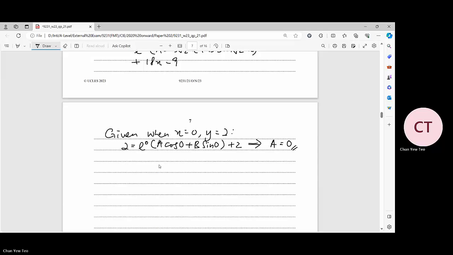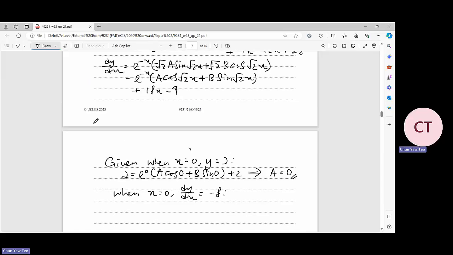Then also given when x equals 0, dy/dx equals negative 8. So from the equation that we have found just now, substitute this inside. dy/dx equals negative 8.